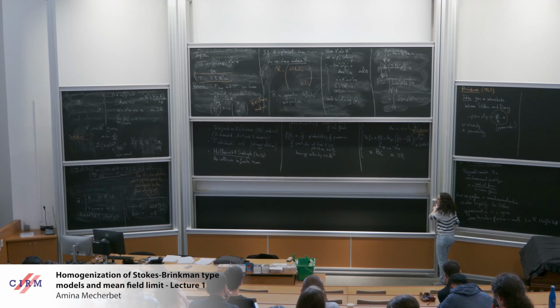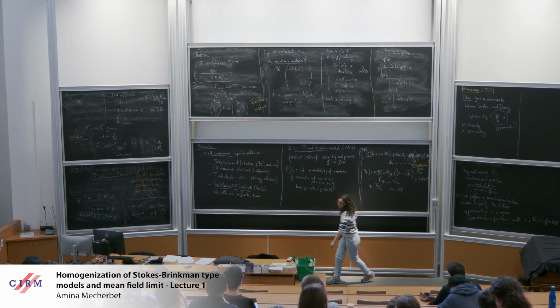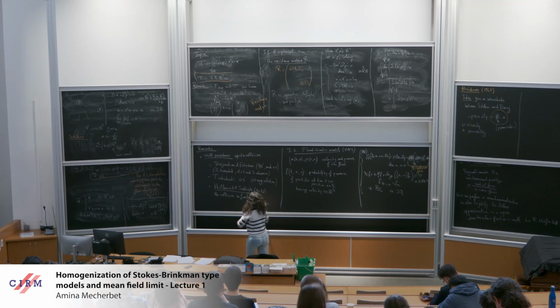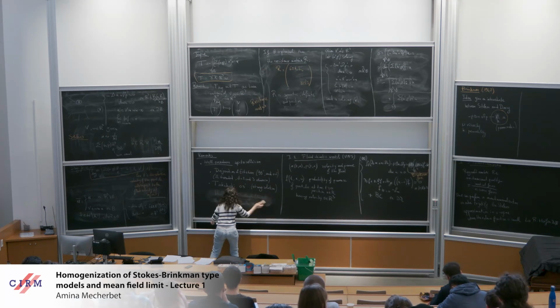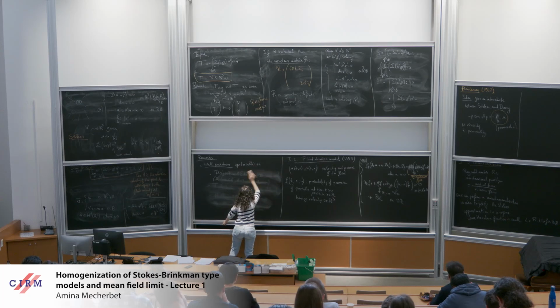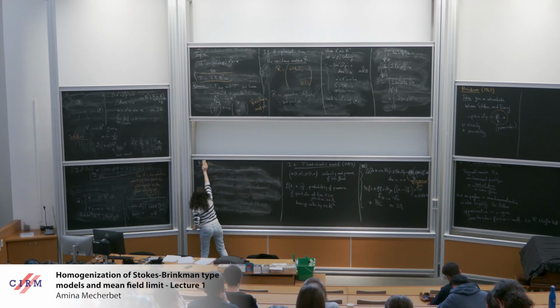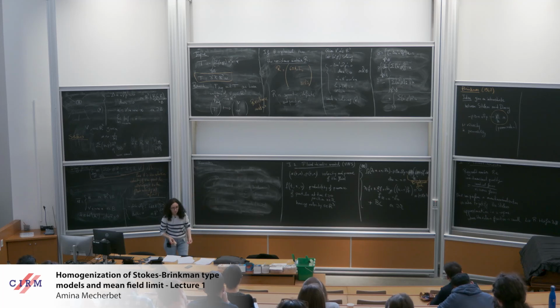But I didn't see that there is a third blackboard. And also I forgot to say, the pressure will not really play an important role. It will always correspond to the Lagrange multiplier associated with the divergence-free condition.